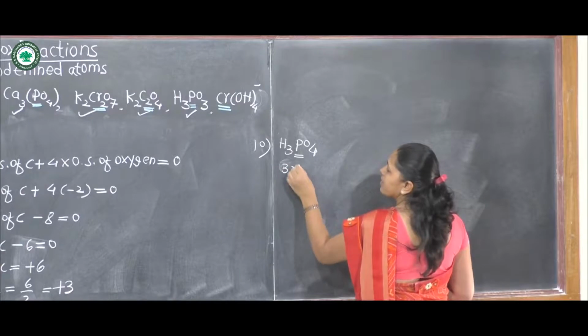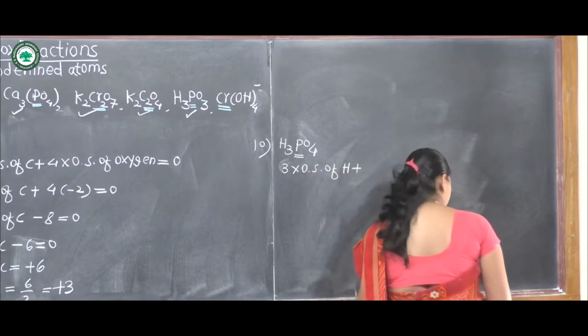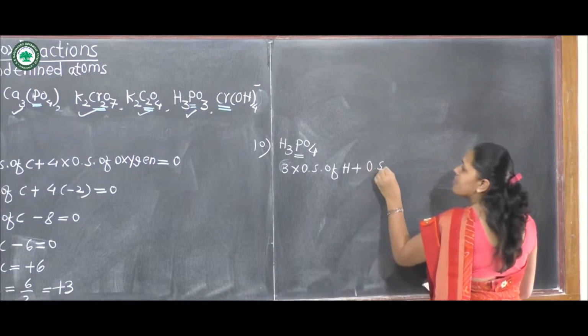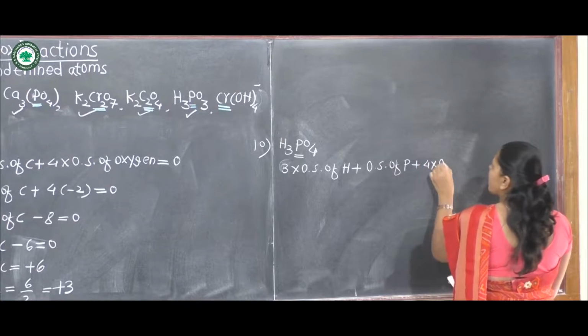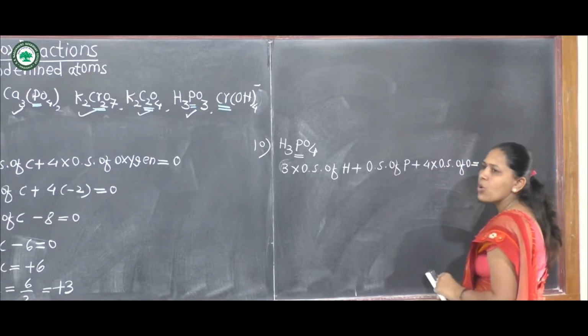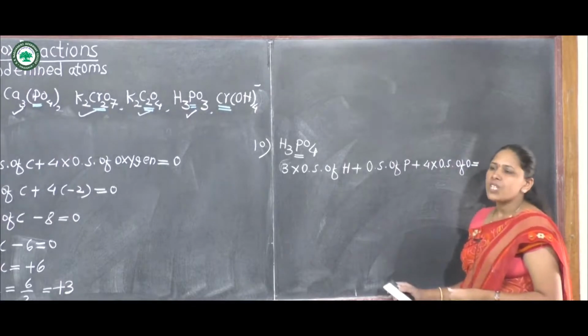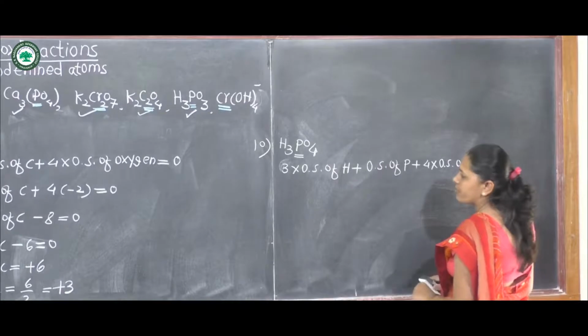3 multiplied by the oxidation state of hydrogen, plus the oxidation state of phosphorus, plus 4 multiplied by the oxidation state of oxygen. It is a neutral molecule, therefore the algebraic sum of the oxidation states of all atoms in a neutral molecule is equal to 0.